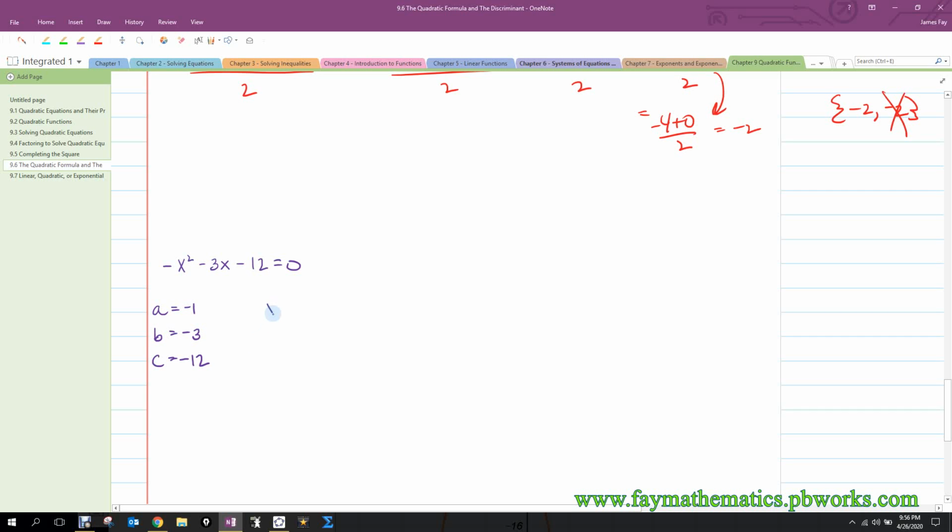So we're going to go x is equal to opposite of b, so 3, plus or minus b squared, so 9, minus 4, a is negative 1, c is negative 12, all over 2a. 2 times negative 1 gives me negative 2. Now simplifying my radical here, we call a number under a radical a radicand.